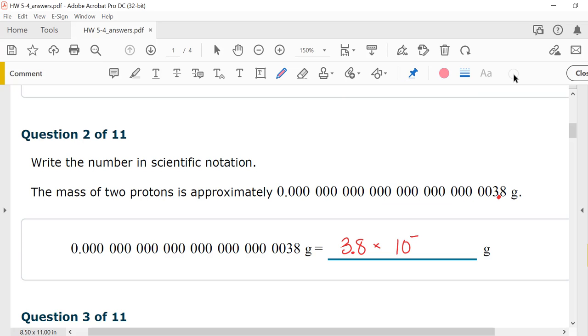So how many places are we going over? 1, 2, 3, up to 24. So I need to multiply by 10 to the negative 24.